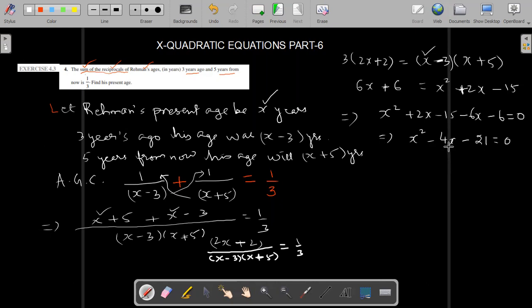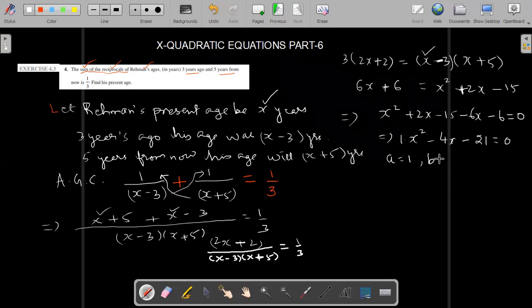Now it is up to us whether to go by splitting the middle term or by using the formula. So this time we will go for the formula. Here, what is A? A is the coefficient of x square, which is 1.